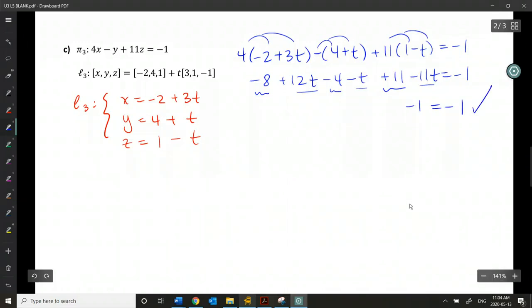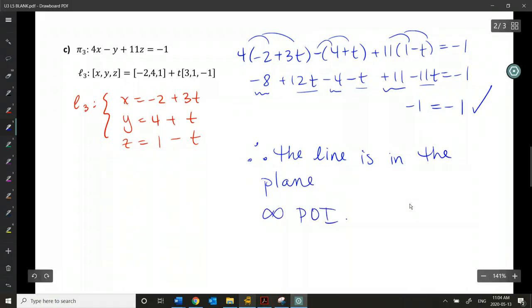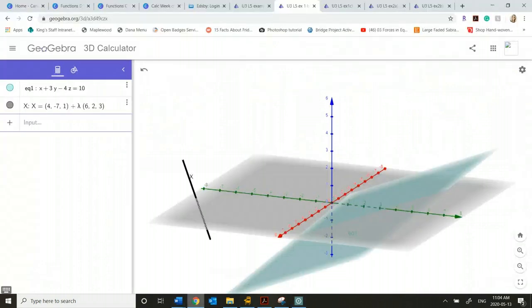And we know that this is in fact always true. So if we get an always true statement like this, or a true statement just in general, that means that the line must be parallel and coincident with our plane. And what this means is that there's actually infinite points of intersection. Okay, let's take a look at what this actually looks like.